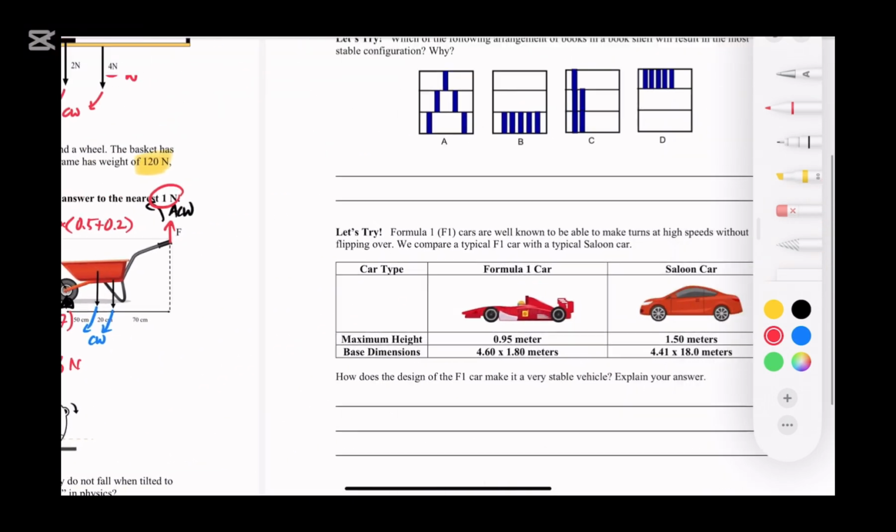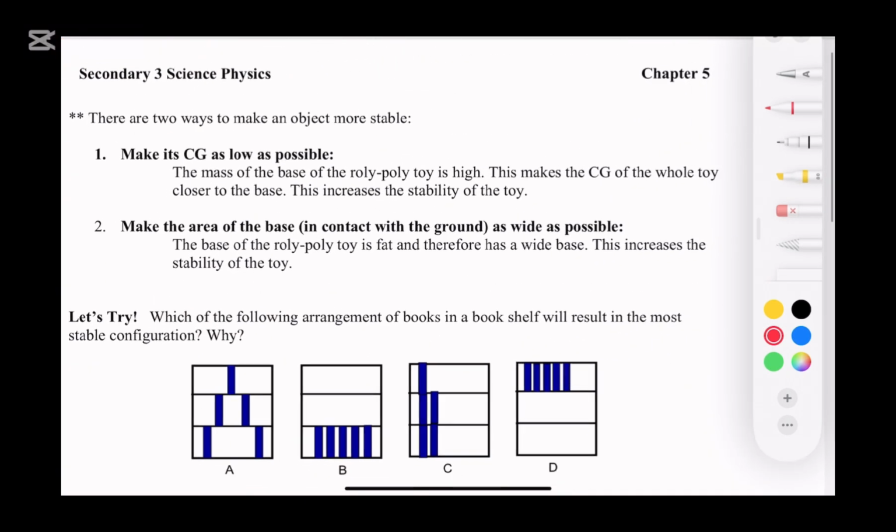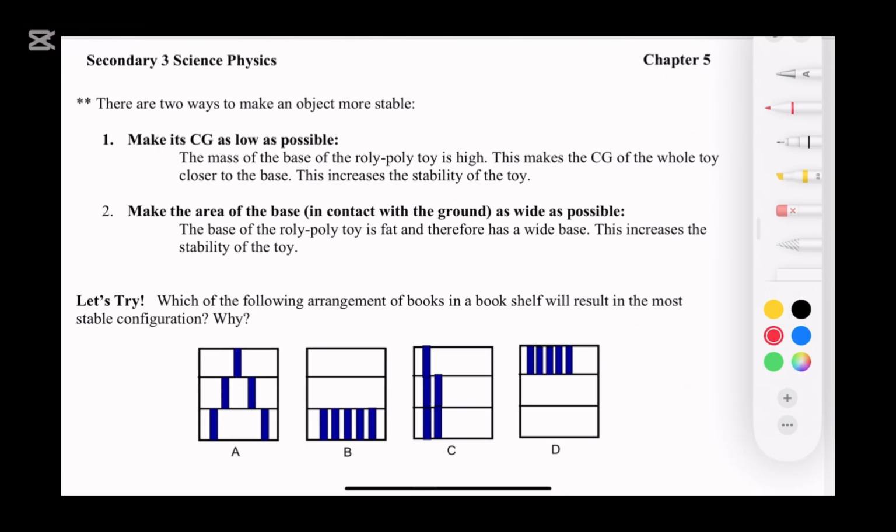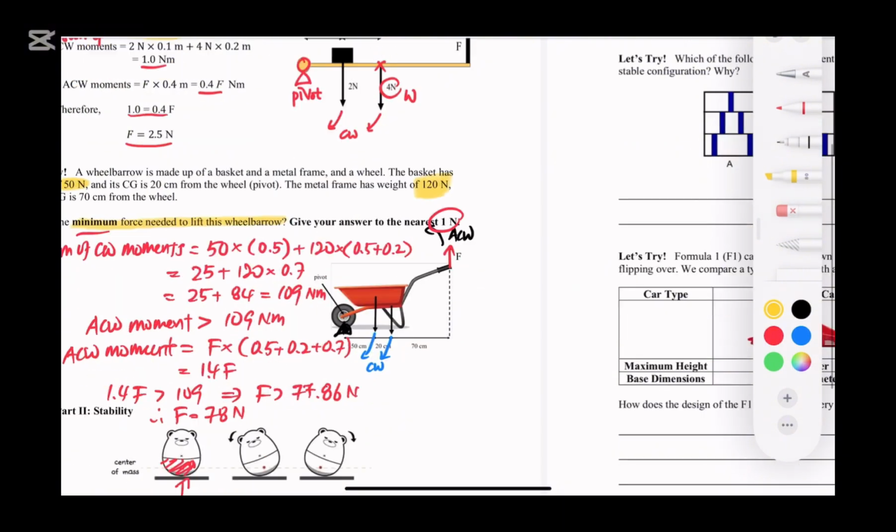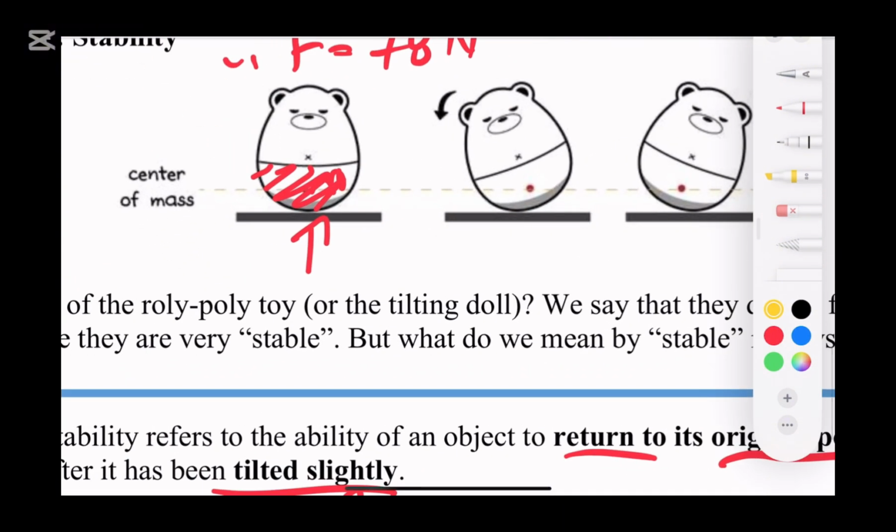Now, for something to be stable, there are two ways you want to modify or design the object to make it stable. So one is the CG must be as low as possible. If you look at this roly-poly toy, the design is such that the base is heavy.